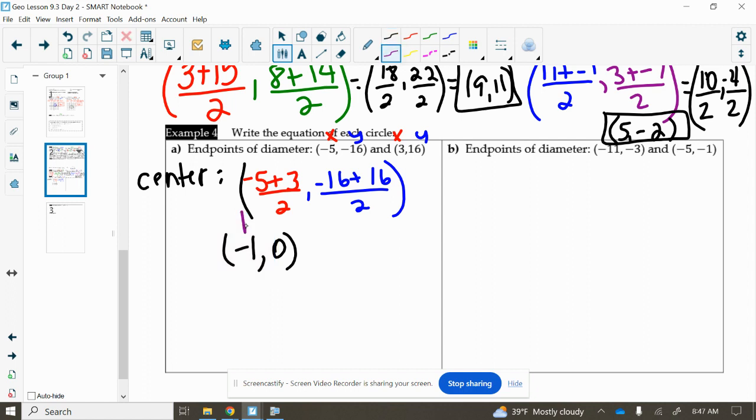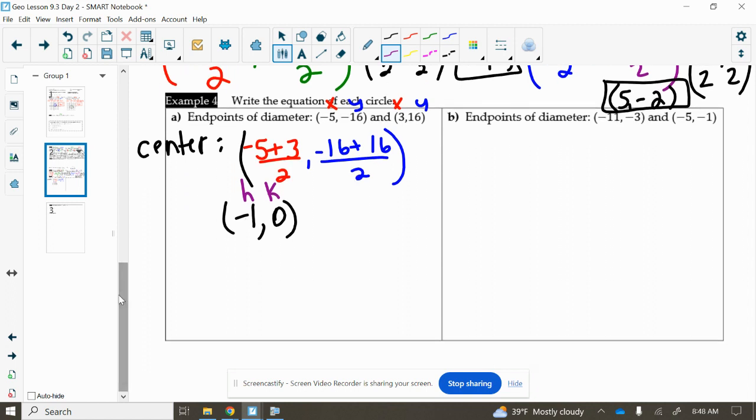Okay? So what this does for us is this gives us our center point, our h comma k, that we can then start plugging in to our equation of our circle, right? (x minus h) quantity squared, (y minus 0) quantity squared, and we know that then that will equal our r squared.